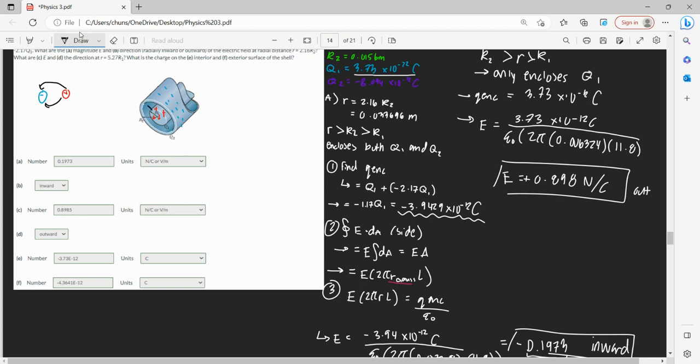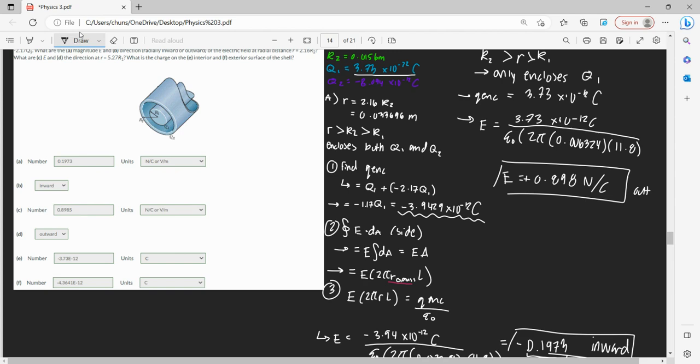Maybe that's why. It's still outward. I am not sure. But anyways, it would be the same as our charge 1. And the same goes for our charge 2.